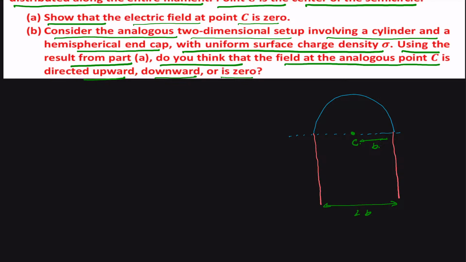Okay. So this is the basic question. And the solution is quite easy. If we assume that the center is C, and let us suppose this is our origin, so we denote this as 0 comma 0, then our left will be minus b comma 0, and the right will be plus b comma 0.